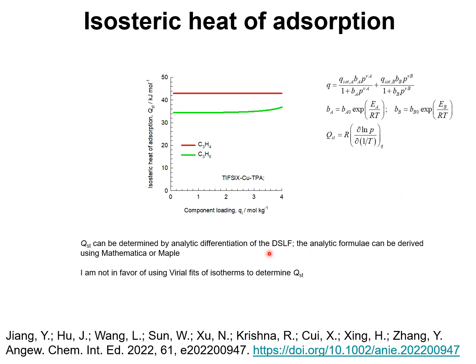The analytic differentiation can be carried out using Mathematica or Maple and can be easily programmed in Excel. The calculated values of the isosteric heat of adsorption for propine and propene are shown here using the fit parameters for ZnU2 as shown in the previous slide. This data has been published in this paper.